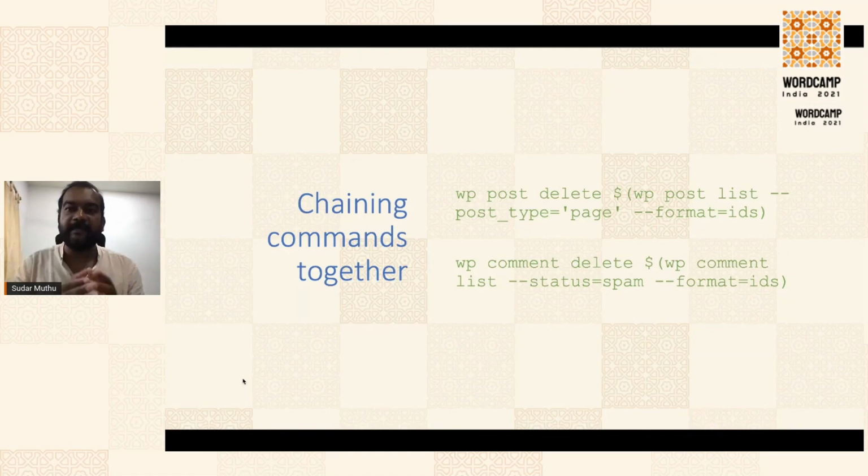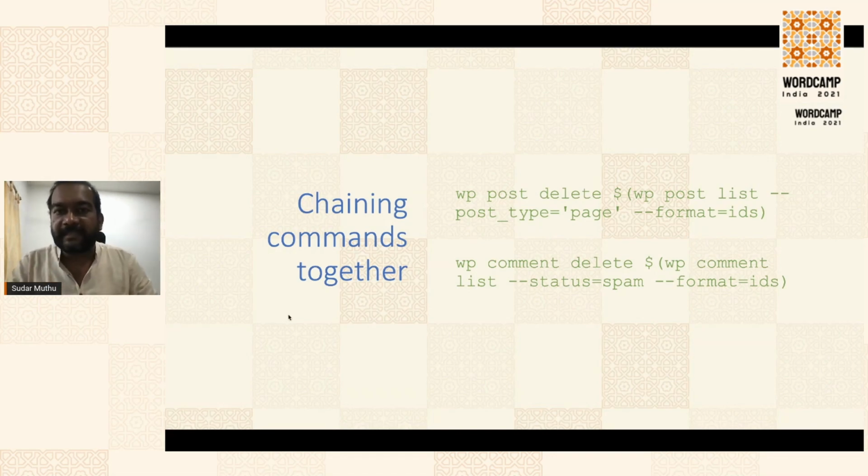When I say chaining commands, it basically means that you can get the output of one command and give it as an input to another command. Similarly, you can keep on chaining multiple commands together. In the Unix world, it's called piping, and WP-CLI also provides the same way. So that is where you get the real power of it.